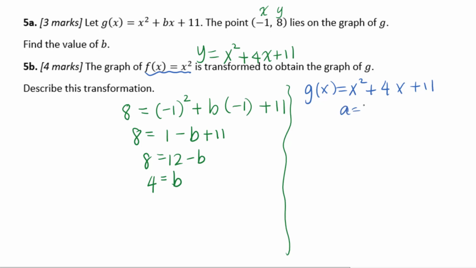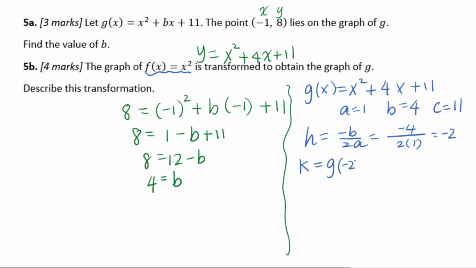For a equals 1, b equals 4, c equals 11, h equals -b over 2a equals -4 over 2 times 1, that equals -2. g of -2 equals (-2) squared plus 4 times -2 plus 11. Simplify: 4 minus 8 plus 11 equals 7.